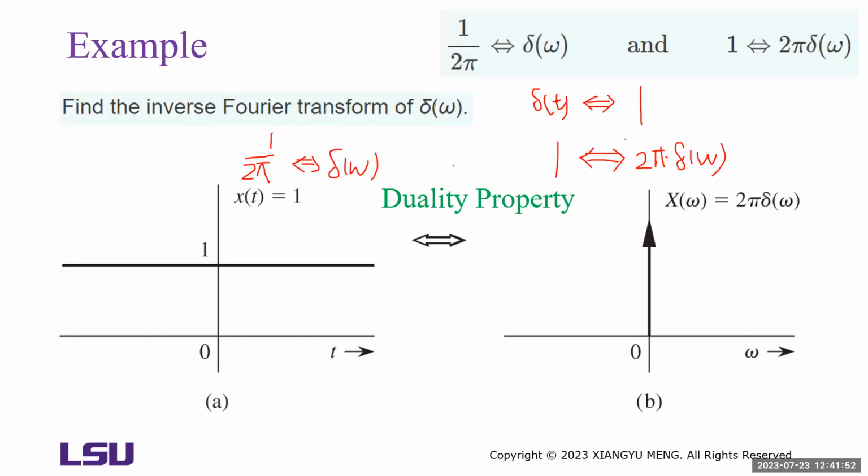So the inverse Fourier transform of delta omega is 1 over 2 pi. Then we can also say that when x of t is 1, its Fourier transform is 2 pi times delta omega.